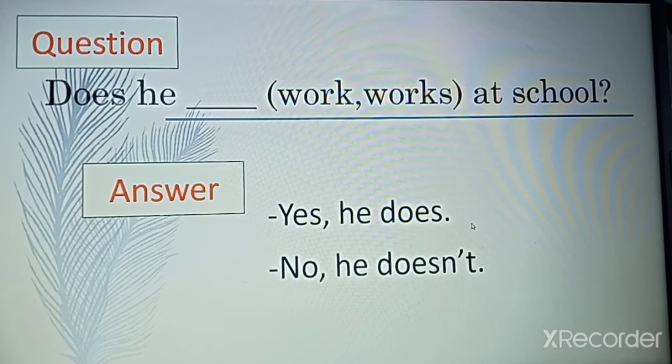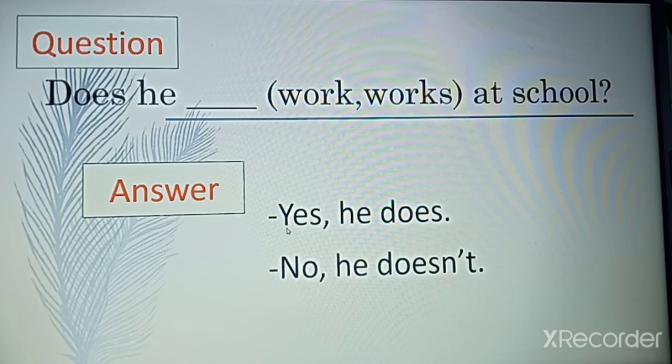Yes, he does. If your answer is yes, you use does. It's a positive. But if your answer is no, you use doesn't or does not. No, he doesn't, or no, he does not. So when are you going to use does? If your answer is yes. But if your answer is no, that's the time you're going to use doesn't.